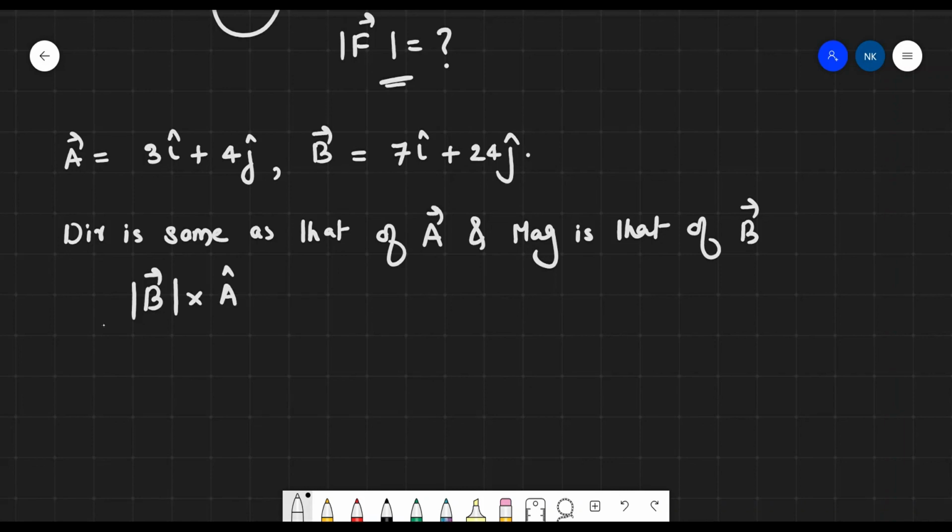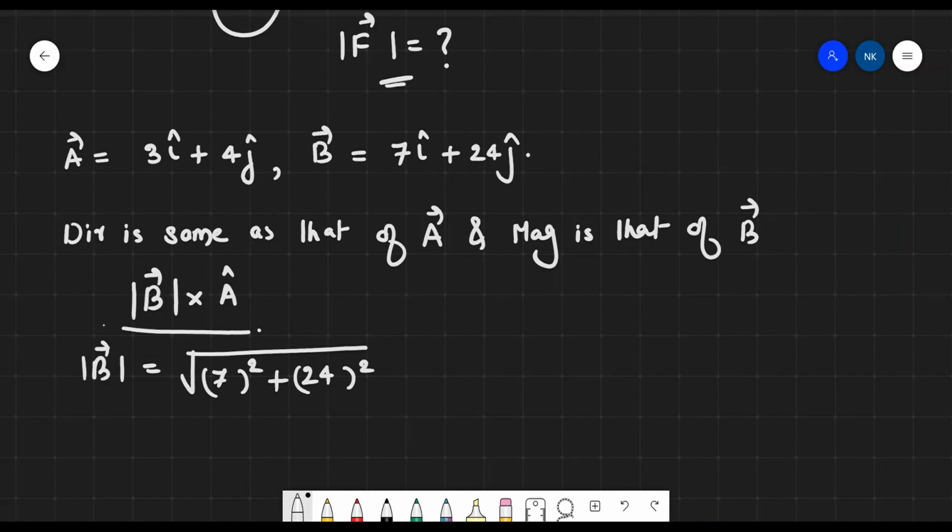So हमें क्या करना चाहिए, पहले b वेक्टर का मैग्नीट्यूड निकालो और उस वैल्यू को a कैप से मल्टीप्लाई कर दो, हो जाएगा काम. So let us first of all get the value of magnitude of b vector, that is x का coefficient 7 square plus y का coefficient 24 square. This will give the value as 25.